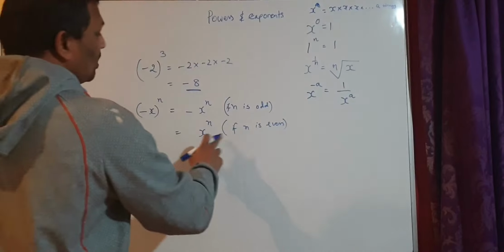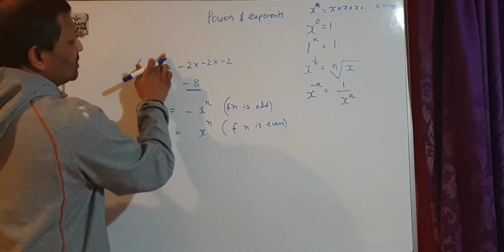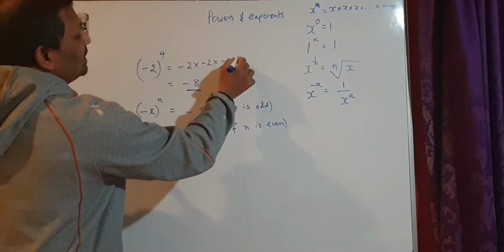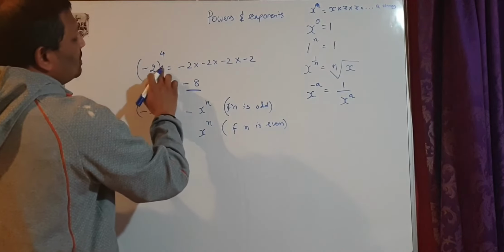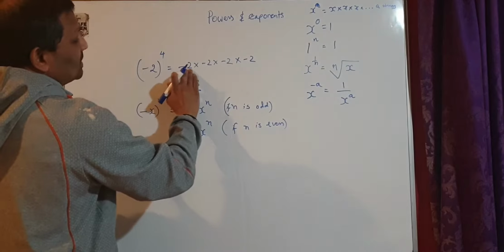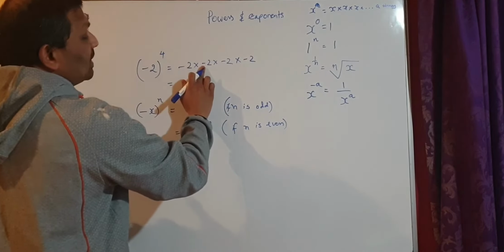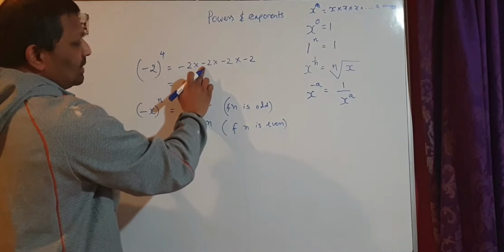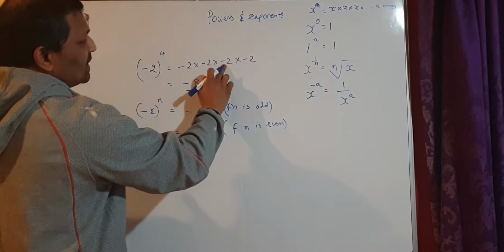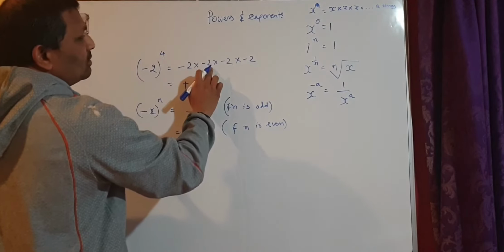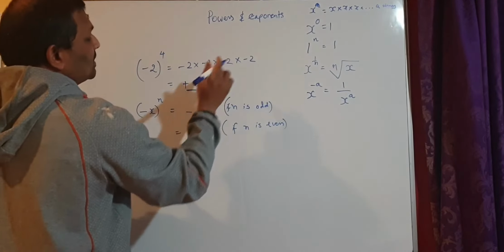So how did we get this? Say, for example, instead of raising to the power of 3, if I raise it to the power of 4, what do I get? Minus 2 multiplied by itself 4 times: minus 2, minus 2, minus 2, minus 2. Minus into minus is plus, plus into minus is minus, again minus into minus gives a plus. Plus 2 2s are 4, 4 2s are 8, 8 2s are 16.